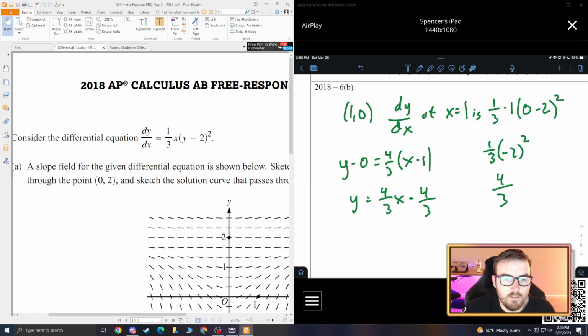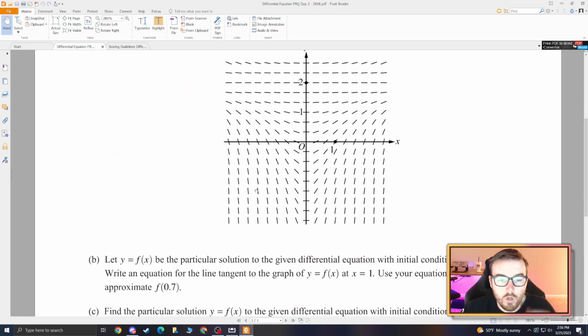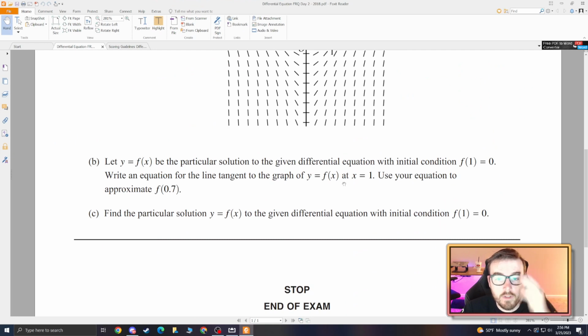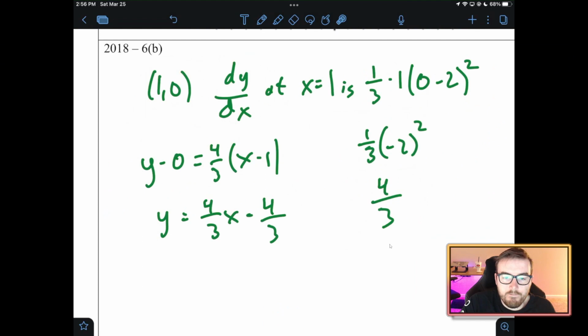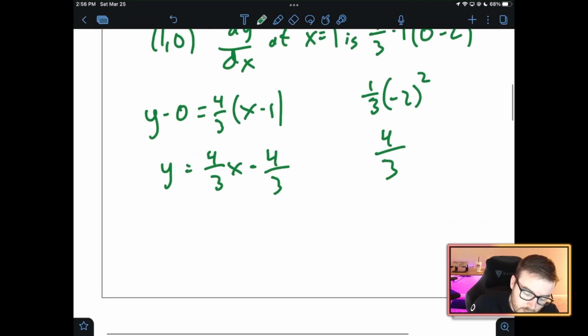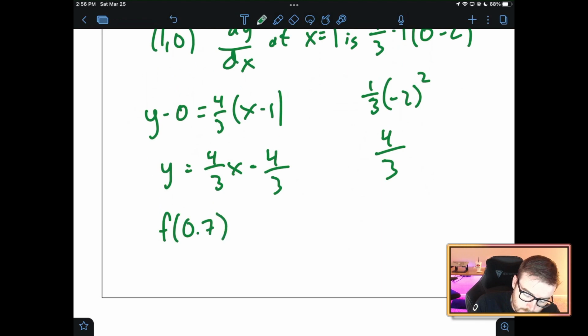Then it says to, quote, write an equation and use your equation to approximate f of 0.7. So that just means you're going to use this function and plug in 0.7.